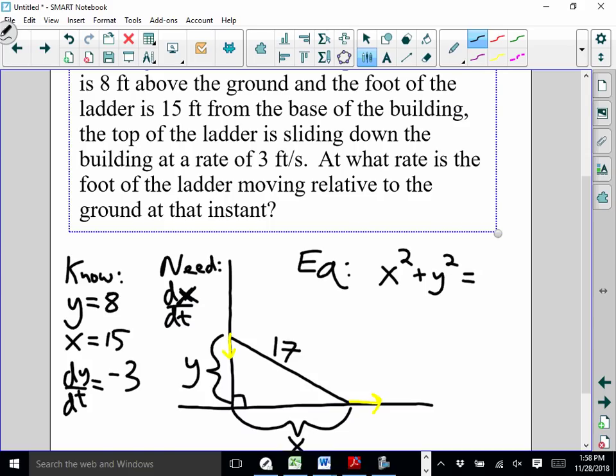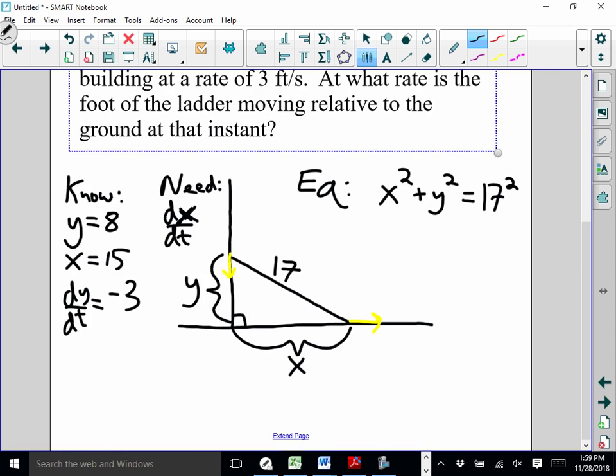That's the equation I'm going to differentiate, because it's going to give me dx/dt. I'm going to have to know x, which I already do, y, which I already do, and dy/dt, which I already do. So this should work out quite nicely. I'm going to do the problem down here.